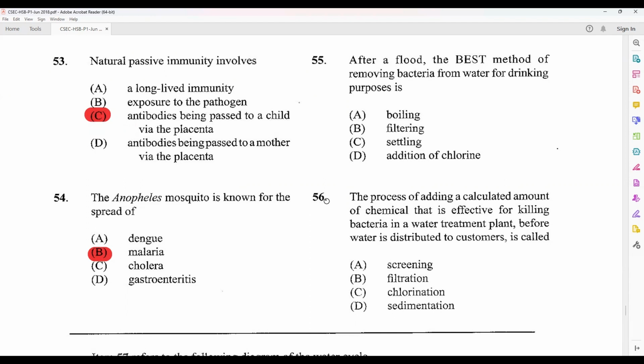Question 55. After a flood, the best method of removing bacteria from water for drinking is boiling it. The process of adding a calculated amount of chemical that is effective in killing bacteria in a water treatment plant before water is distributed to customers is called chlorination.